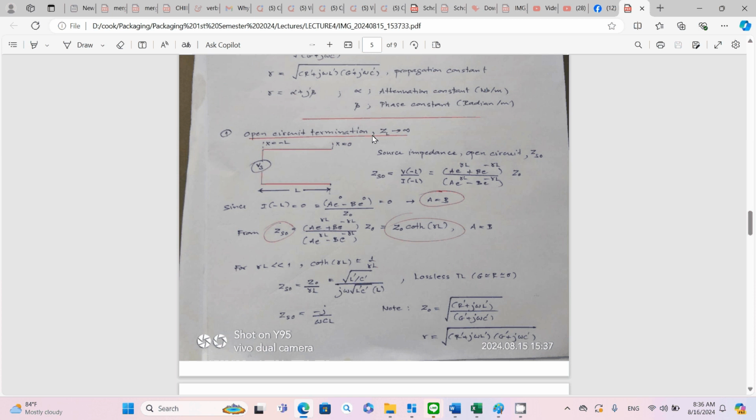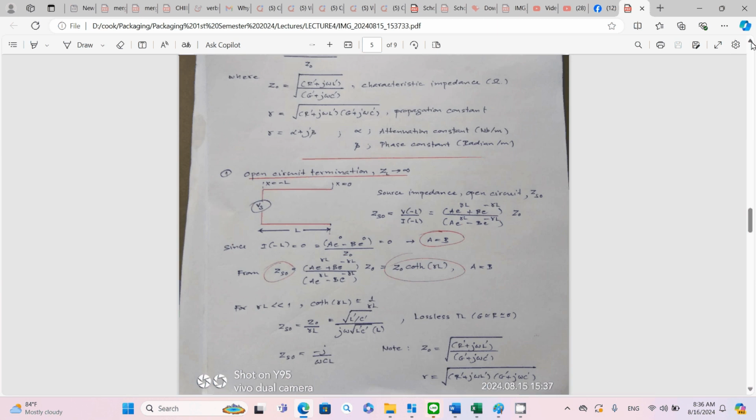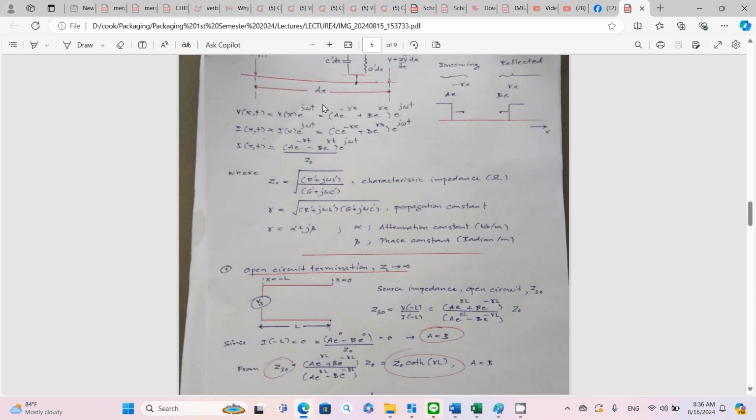Well, we already made the agreement that your voltage simply equals Vf plus Vb, or the forward voltage plus the backward voltage, or reflected voltage from the load.